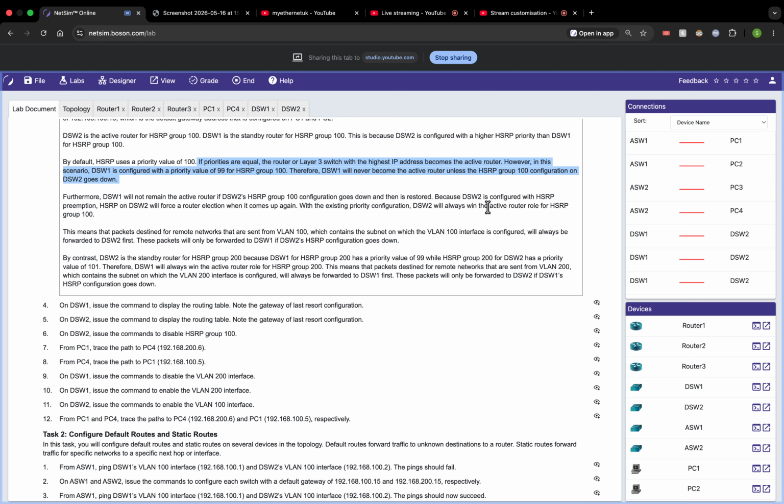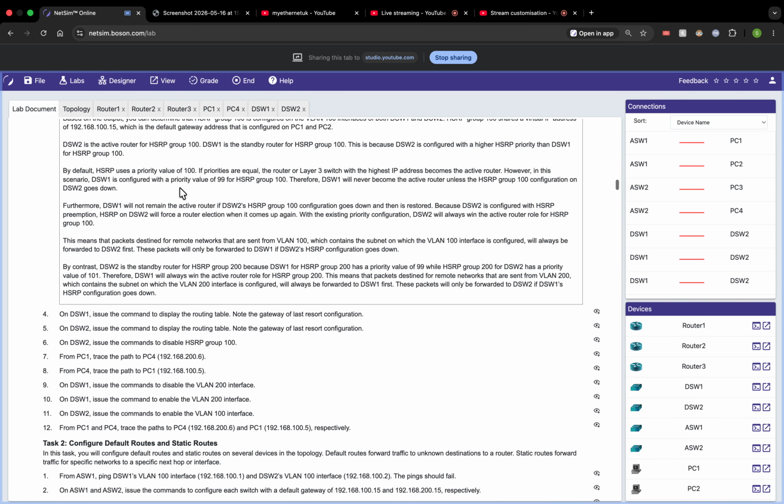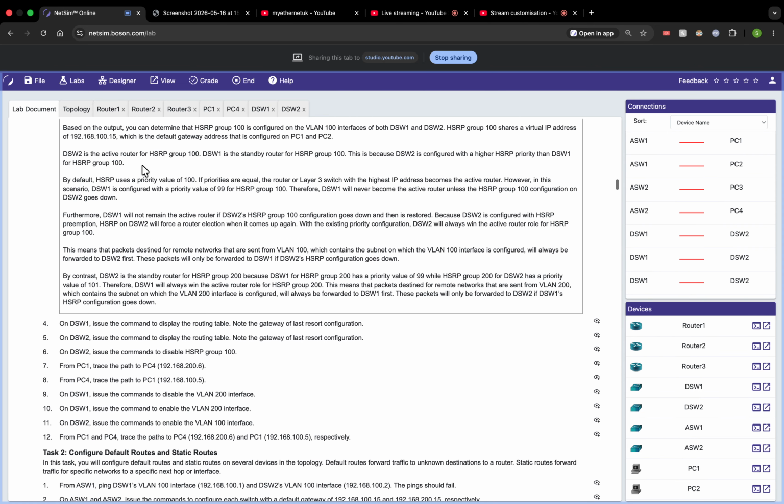So this is something really important to note down, and I will put this in the description as well, but I would like you to note it down as well. It's about HSRP priority values. Now, furthermore, HSRP uses a priority value of 100. If priorities are equal, the router or layer 3 switch with the highest IP address becomes the active router.